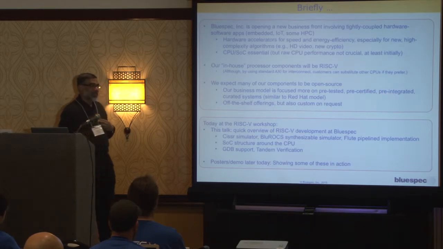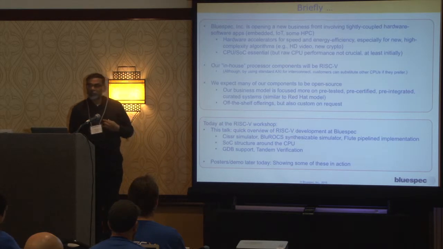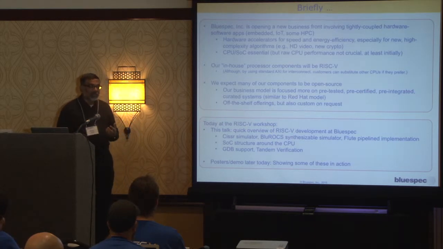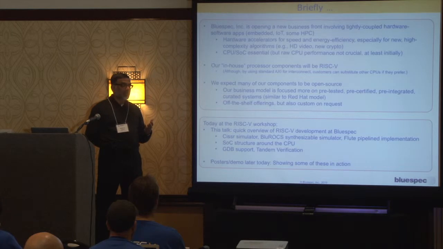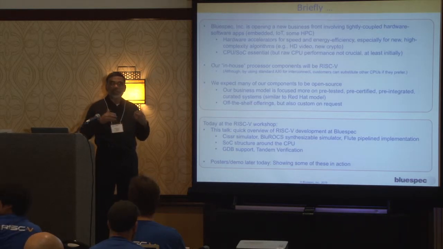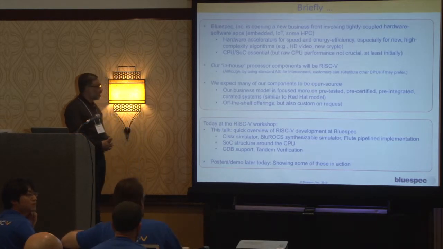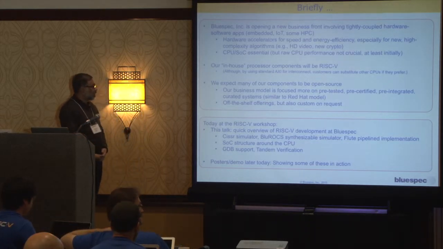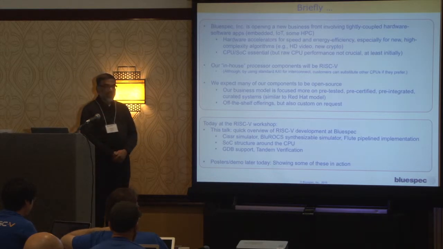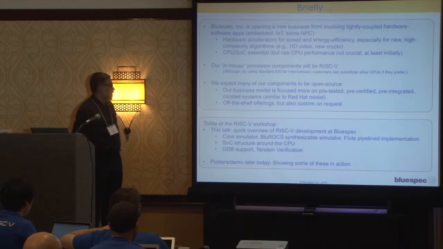Our business model is more inspired by something like Red Hat, where the product itself is open source, but the integration, the curation, the pre-testing and the support, et cetera, are what customers pay for. That's the kind of direction we're going. We will have some off-the-shelf offerings, but we'll also be willing to do things custom on request. So that's the background.